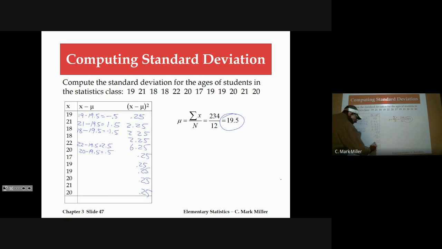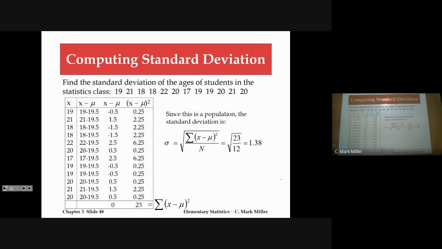That 21 gets a 2.25. And then I have a 17. 17 minus 19.5 is negative 2.5, squared is 6.25. And so what you get is what's on the next slide. This is that chart completed.